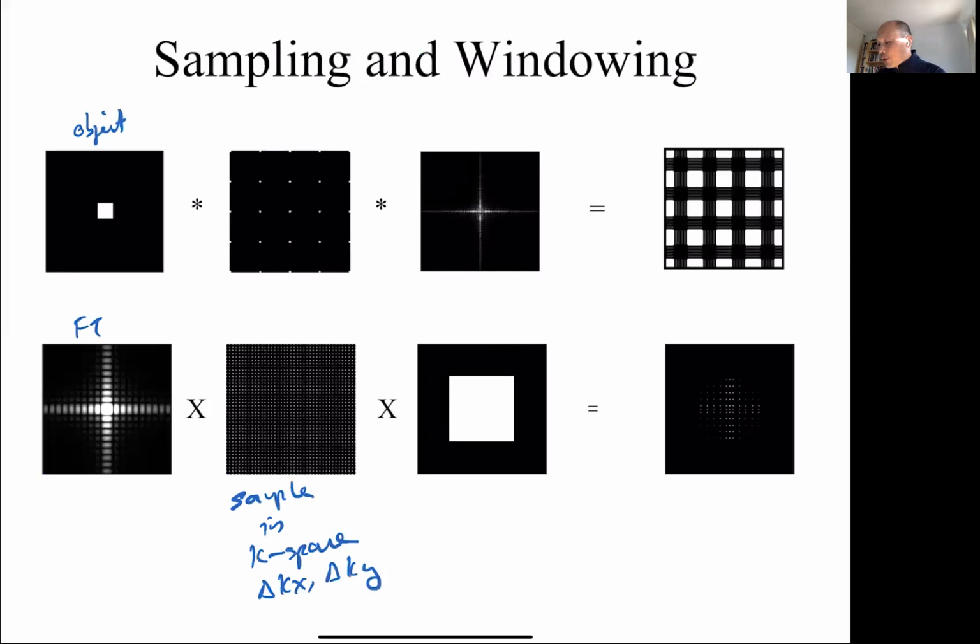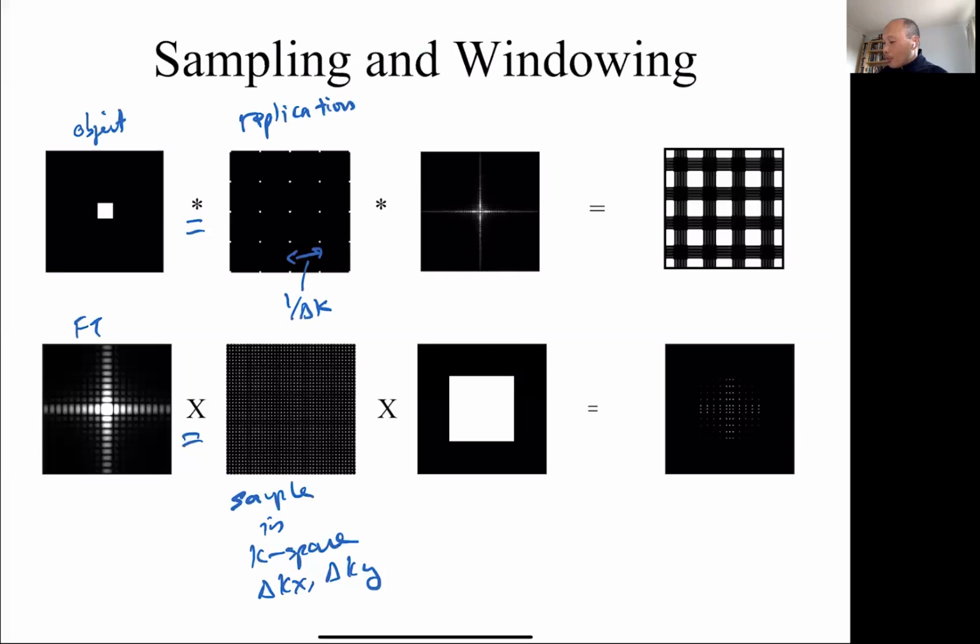That's a multiplication in k-space. So that leads to a convolution in object space with a comb function with a spacing 1 over delta k. This leads to replication of our image, and if those replicas are too closely spaced together, then that leads to aliasing.